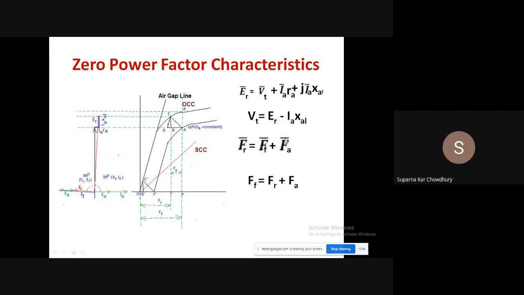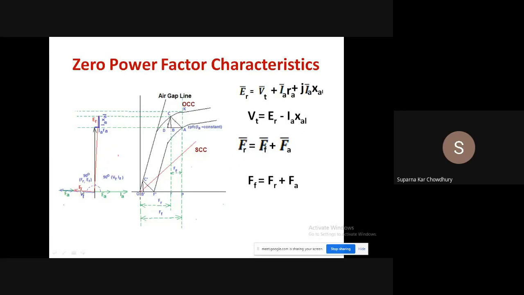Similarly, if we go to the MMF relationship, our resultant MMF FR leads ER by 90 degrees, and FF, the field MMF, is shown here, and FA, the armature reaction MMF, is in phase with IA. Now, the relationship is FR is equal to FF plus FA. So FF, the field MMF, is FR minus FA.